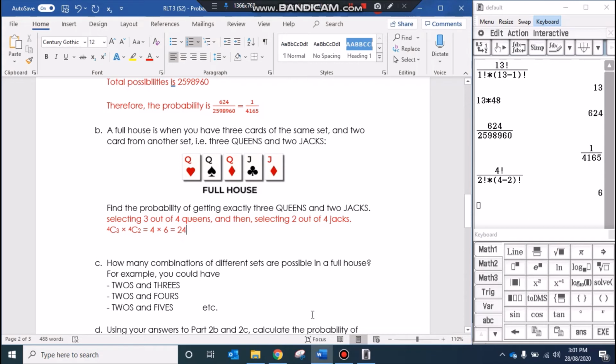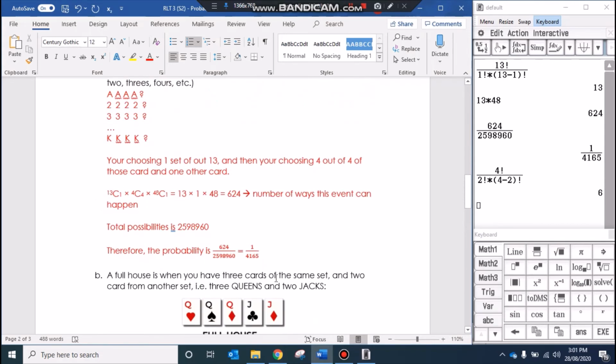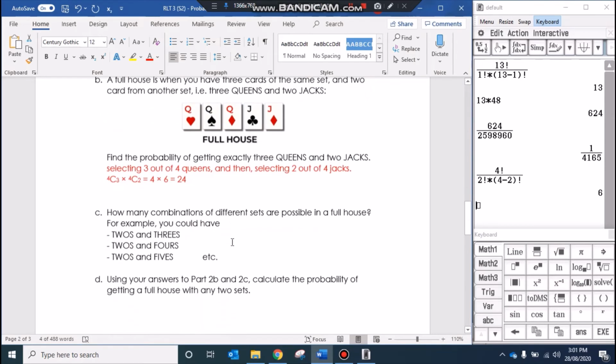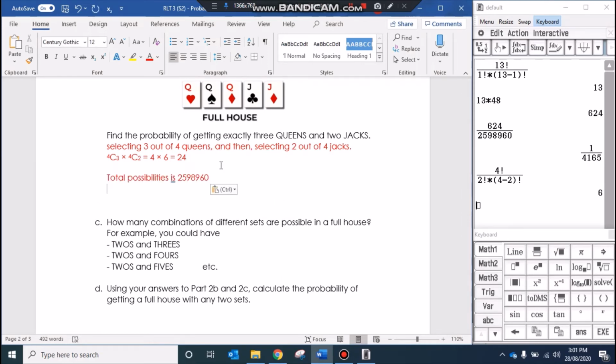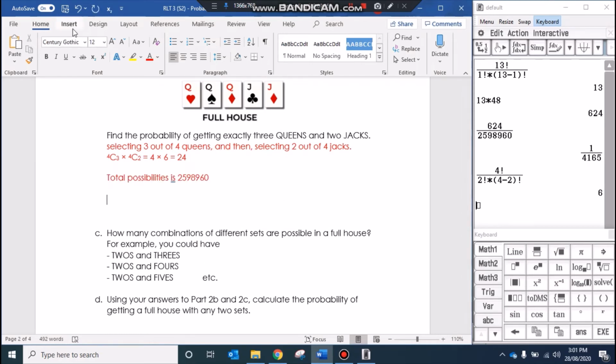Now again, probability is the number of ways the event can happen divided by the total possibilities. Again, because we're selecting 5 cards out of 52, the total possibilities isn't changing. Therefore, the probability is just 24 over our total possibilities.